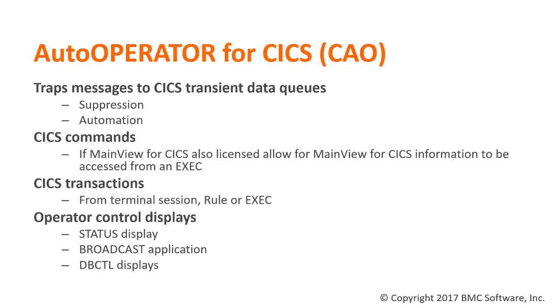There are also several panels and displays within AutoOPERATOR for CICS that allow users to automate their CICS DBCTL environment when CICS is being used to communicate with an IMS region through DBCTL. This includes actions such as starting and stopping IMS databases, etc.